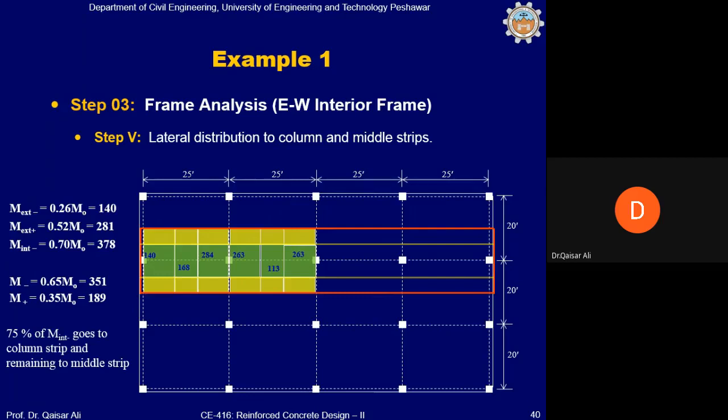The middle strip values will be obtained from this: 140 minus 140, so 0 and 0. 281 minus 168, and then divide by 2, half here and half here. 378 minus 284, and then divide by 2, half here and half here. 351 minus 263, half here and half here, and so on. So the final values will be like this for the column and middle strips.